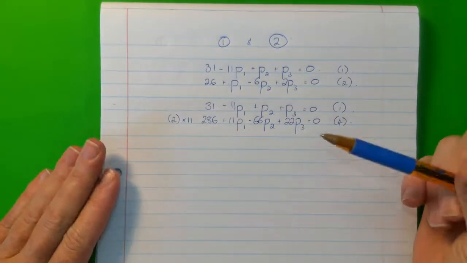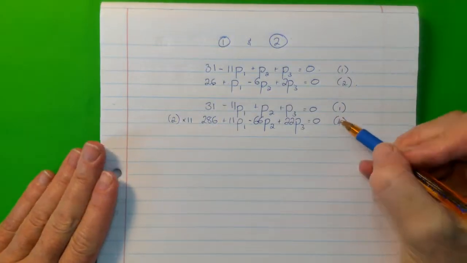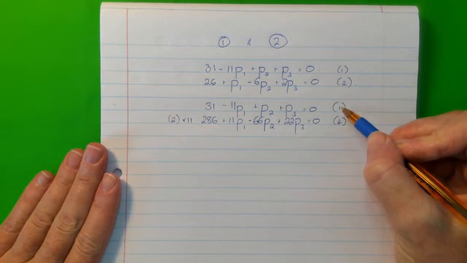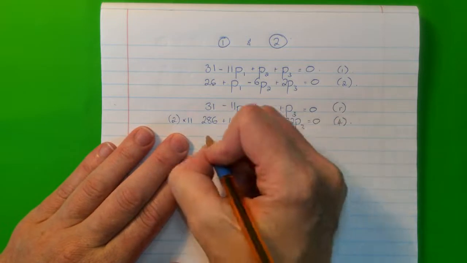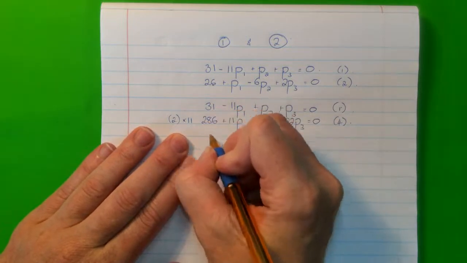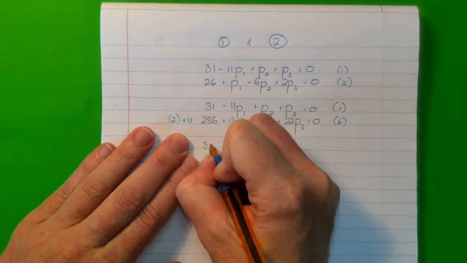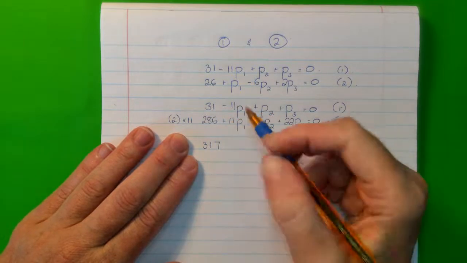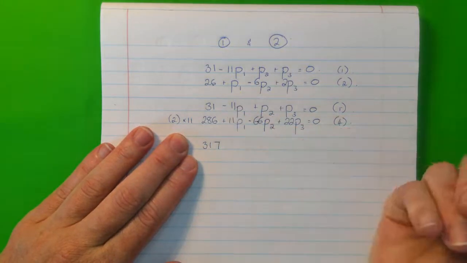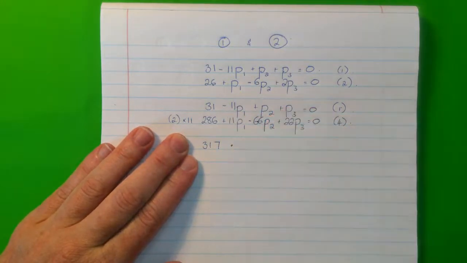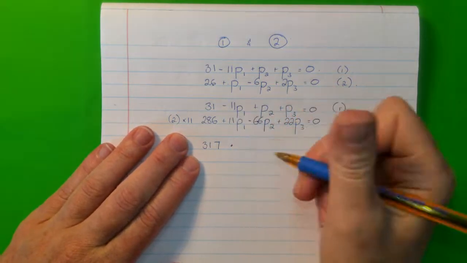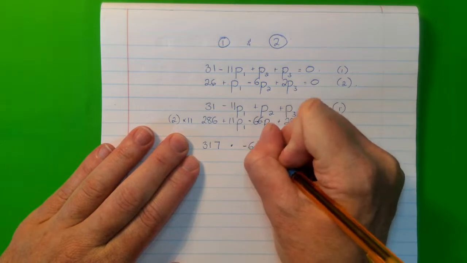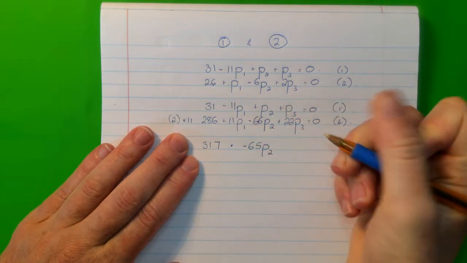Our next step now is going to be to add equations 1 and 4. Alright, so if we do that, we're going to end up with 31 plus 286 will give us 317. Minus 11 plus 11, 0. Plus 1 minus 66, we're going to end up with minus 65 P2.